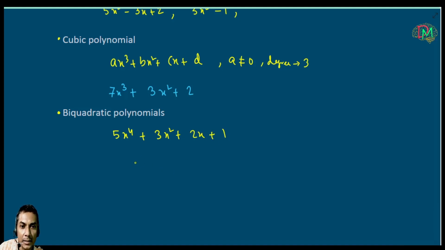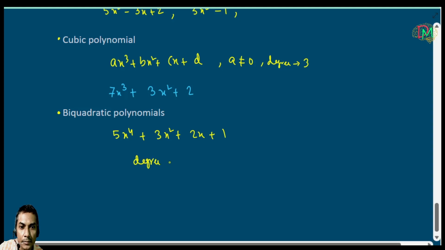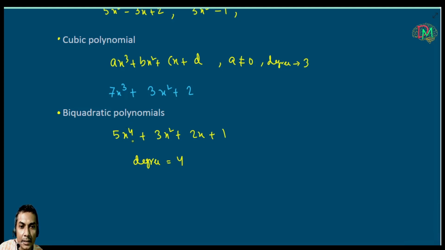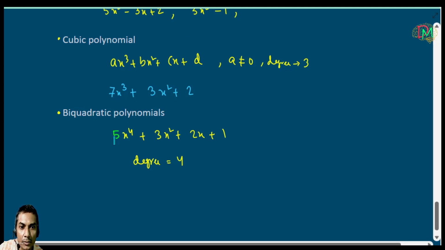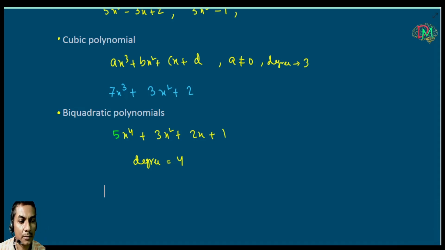So here the degree is 4. You only have to consider the highest power. The rest of the terms are not important. So 5 should not be 0, remember it. Clear? Then we can say it is a biquadratic polynomial.